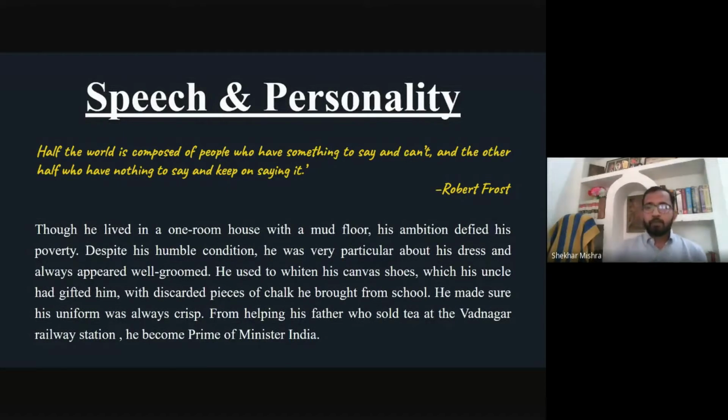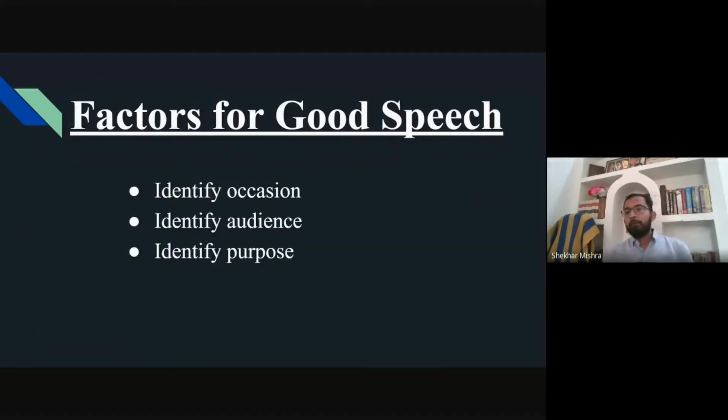So what can be a factor for good speech? How to make a good speech? For this, we have to identify the occasion, identify our audience, and identify our purpose. Like for which occasion we are going to speak, what the facilities are there, what the time is, what the context is, why we are going to speak there.